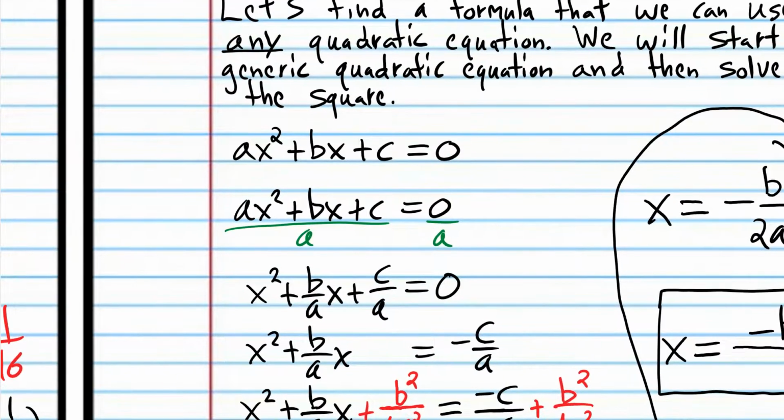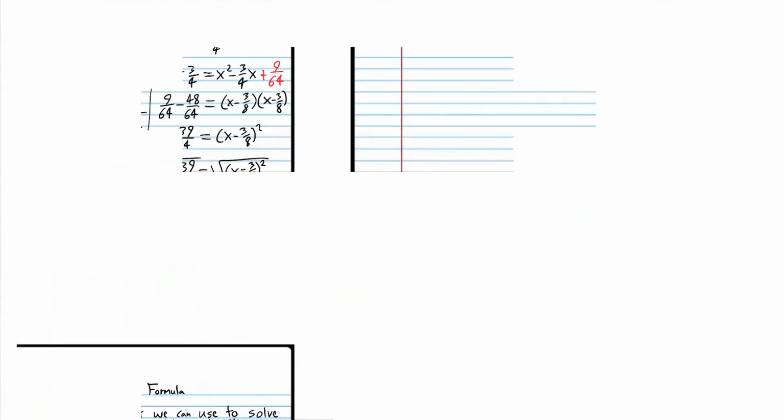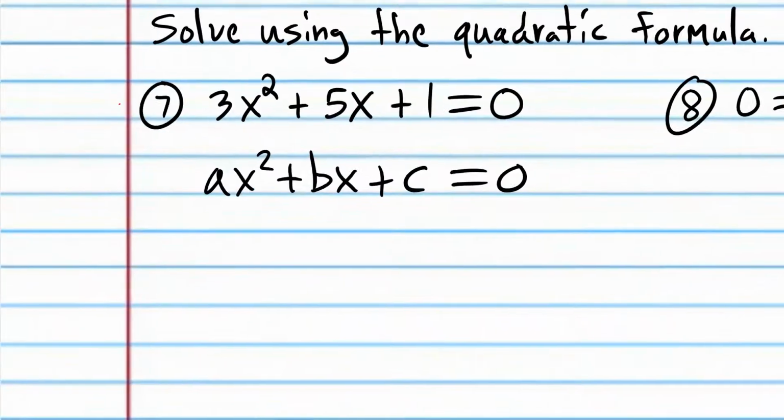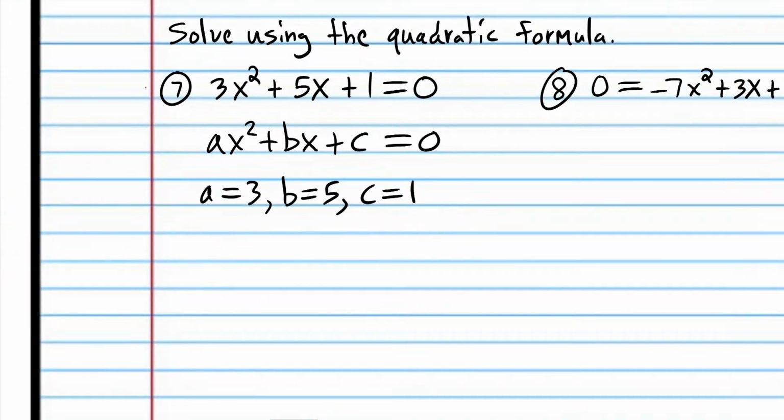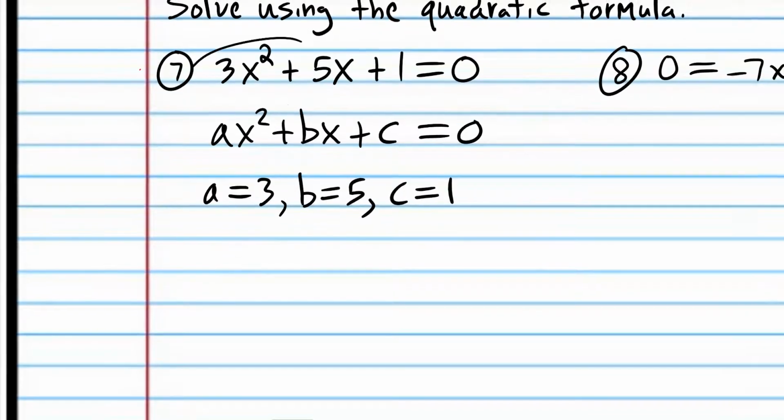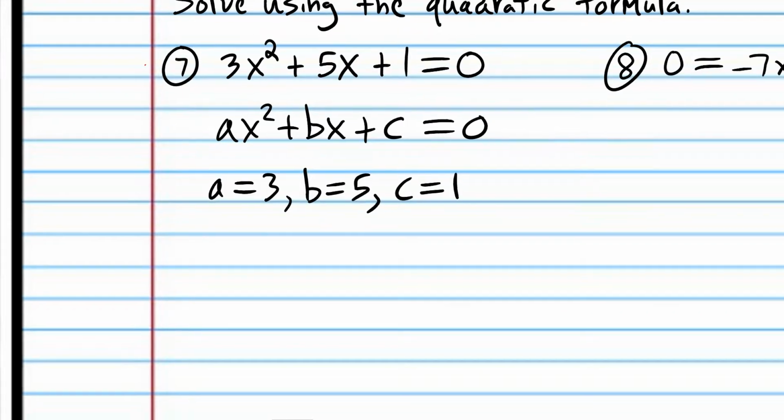You see, we have a, b, and c. So as you can see, in this case, a is going to be 3, b is going to be 5, and c is going to be 1. All right? That's the numbers here. That's what they correspond to.